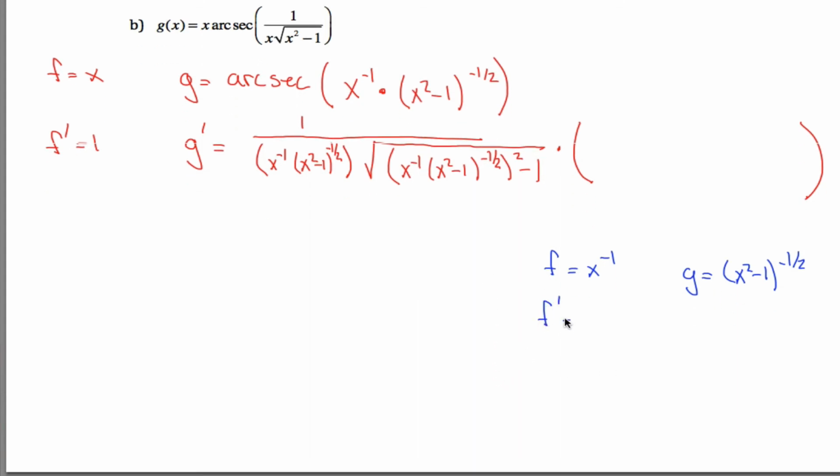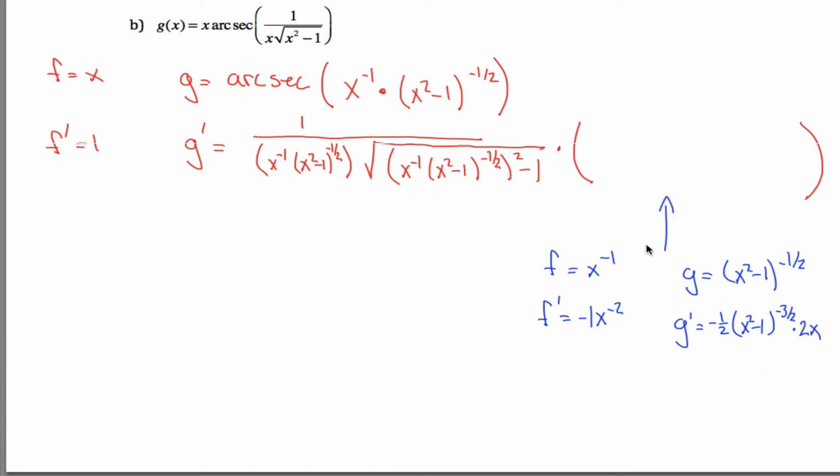If f is x to the negative 1, f prime is negative 1x to the negative 2, using the power rule. G prime would be negative 1/2 stuff, x squared minus 1 in this case, to the negative 3/2 times the derivative of that stuff, 2x in this case.